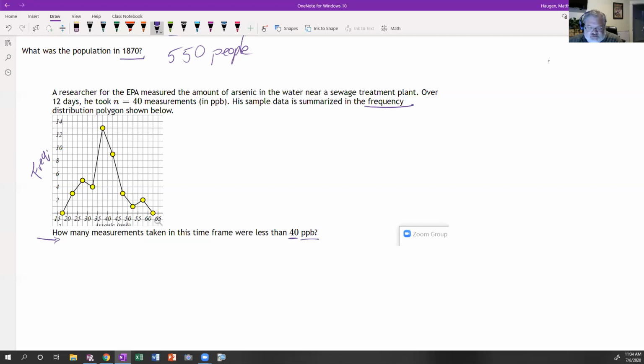But it's arsenic, so small concentrations can hurt you. So in case you were curious what ppb stands for, parts per billion. But you guys were right. We don't need to know that for this question. So less than 40 parts per billion. Well, 40 parts per billion is there.